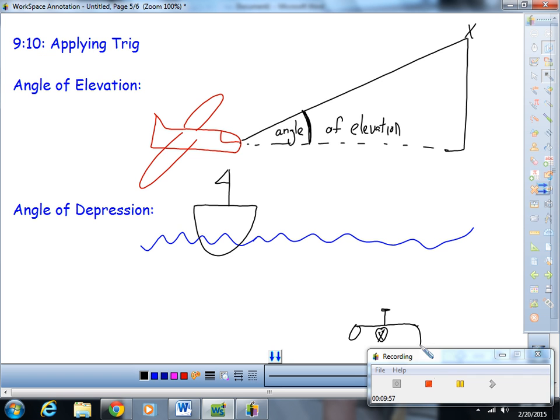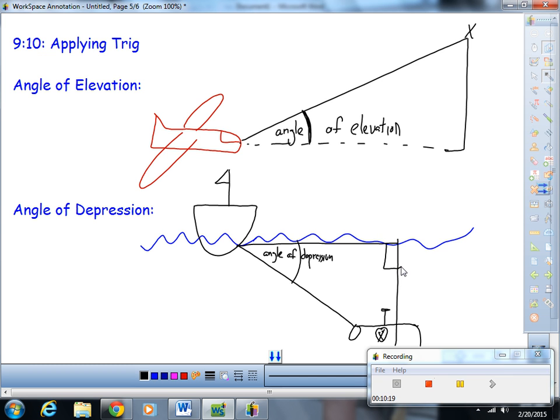Okay, now, here's where the angle of depression is this. Okay, it's that angle. So what we have to do here is form an upside down right triangle.